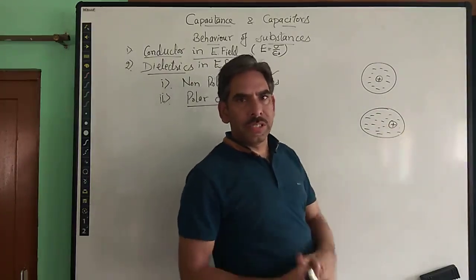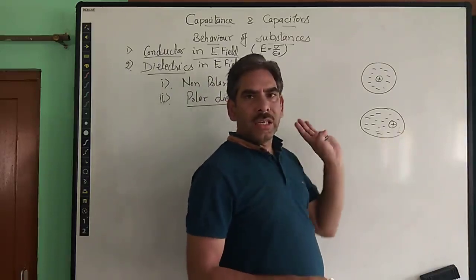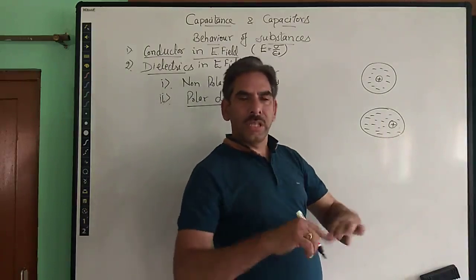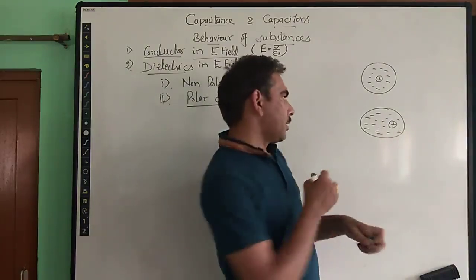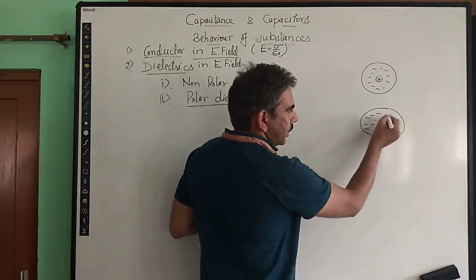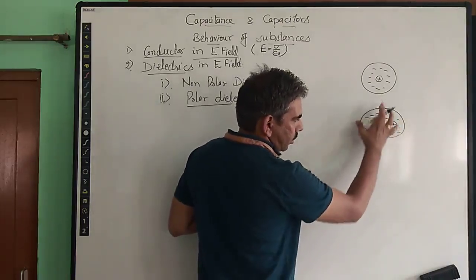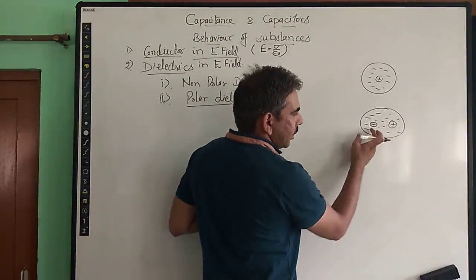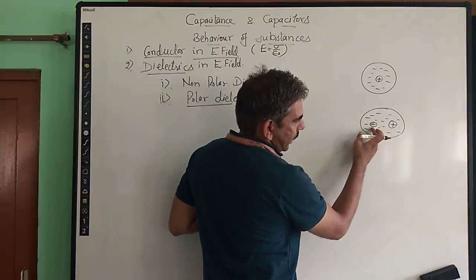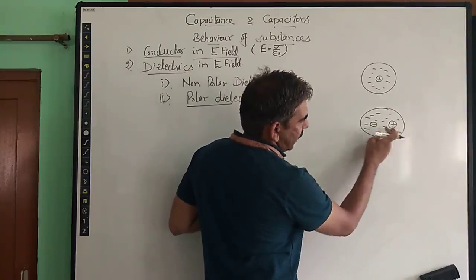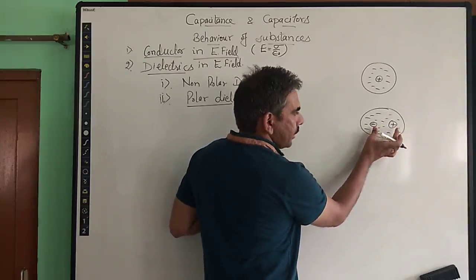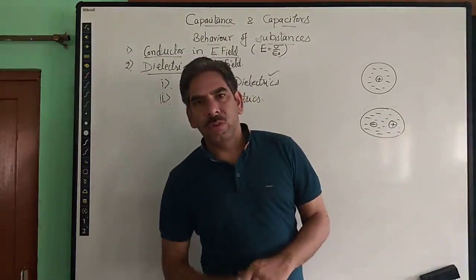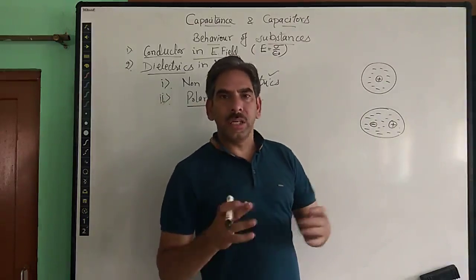These are called polar atoms, and hence such a dielectric is called a polar dielectric, because there is some polarity which already exists. The electron cloud gives rise to a center of negative charge, suppose it lies here. So the positive and negative charges are separated by some distance, and hence it is called a polar atom or a polar dielectric.